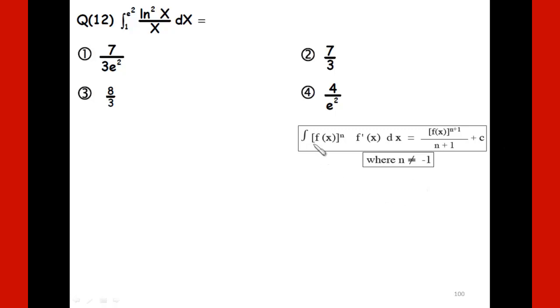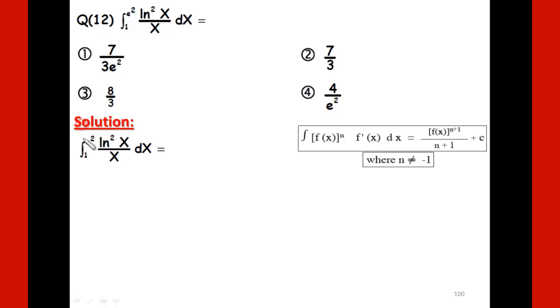Here we have a function f of x power n multiplied by its first derivative. So the result will be the function itself, power n plus 1 over n plus 1 plus the constant c. Of course, n is not equal to negative 1.